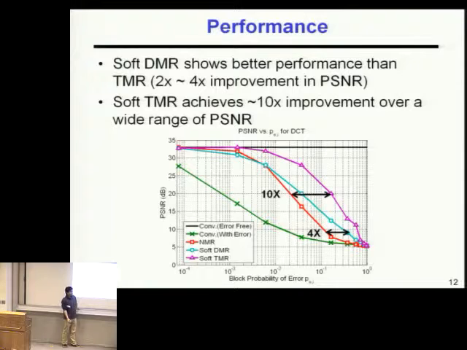Yeah, but my question is, how does TMR compare with no redundancy? So there is complexity, and that's the price you would have to pay for increased reliability. But TMR is used in many systems today, so yes, soft TMR is looking to replace those systems.